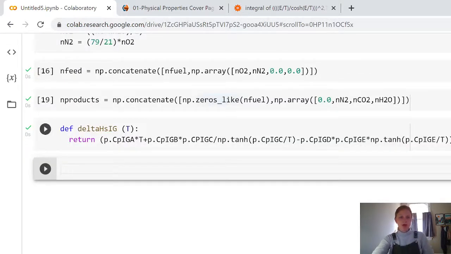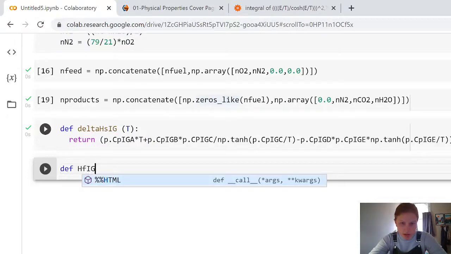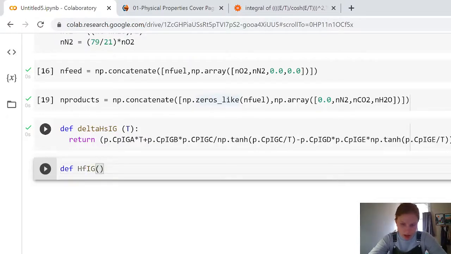Now, the next step is we need to get our heat of formation at our final temperature. In order to do that, it's essentially the heat of formation at our starting temperature plus the change in heat of formation. So we're going to define another function, heat formation, ideal gas. We need the number of moles and the temperature.